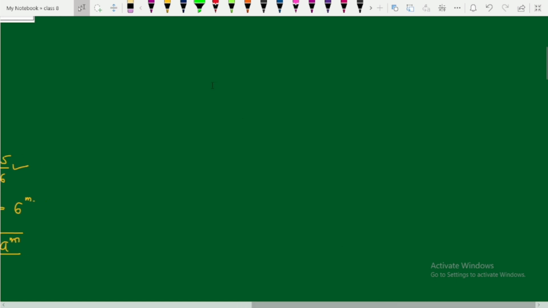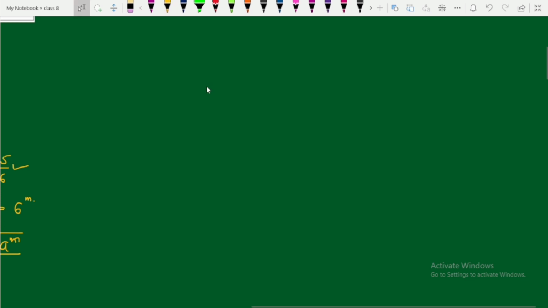Yes, that is the first law you seen, that is a raised to m into a raised to n. You can write it as a raised to m plus n. So next, second law, a raised to m upon a raised to n is equal to a raised to m minus n.